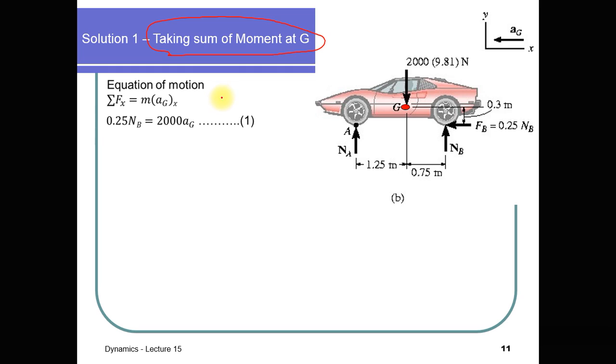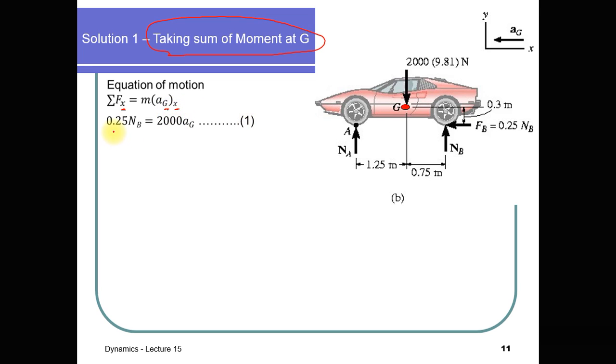By solution 1, we take the sum of moment at point G, the center of gravity. The first equation of motion we can use is sum of F equal to m a G in the x direction.